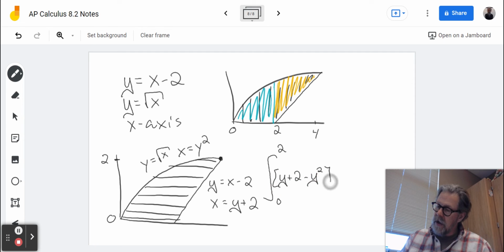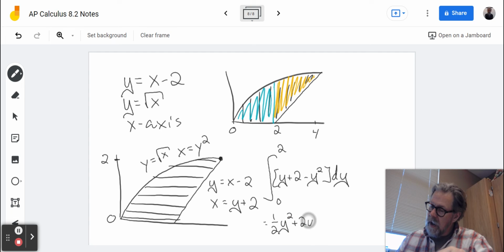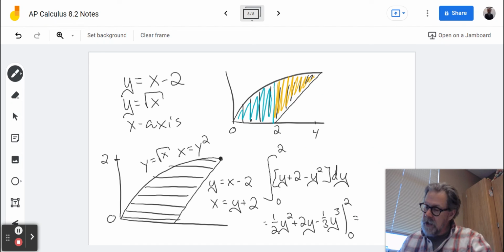which is, and we'll actually do the calculation here. So we got 1/2 y squared plus 2y minus 1/3 y cubed, evaluated from 0 to 2. Thankfully, we can just completely ignore the 0 because everything will be 0.